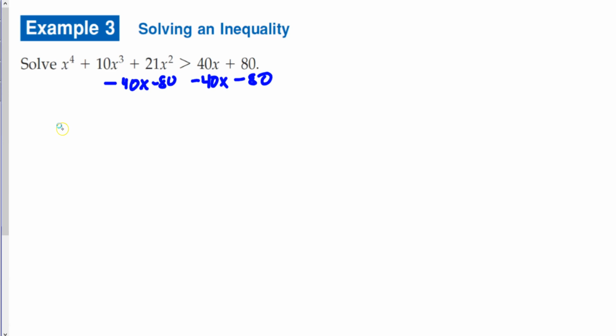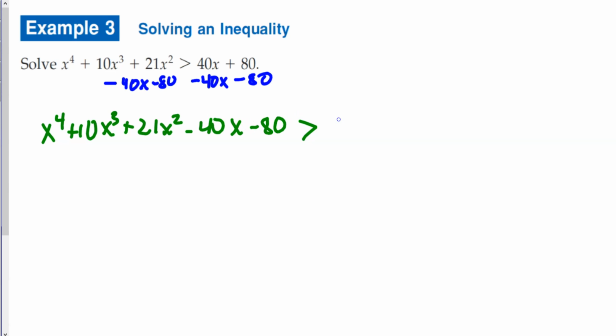And that will give me a new inequality with all of that stuff: x to the 4th plus 10x to the 3rd plus 21x squared minus 40x minus 80 is greater than 0. Now, if you'd like to try to solve that algebraically, go right ahead.